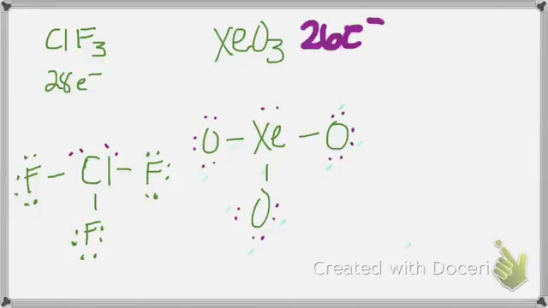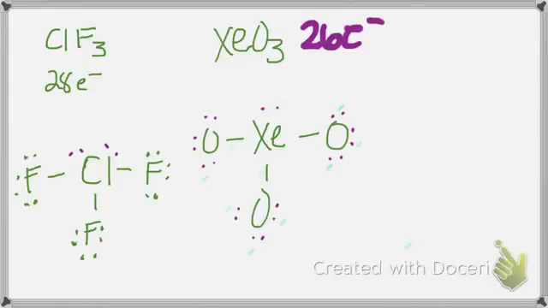Now 26. Okay, so that is actually one possible structure. We'll find out later there's another one, but that's a possibility. We're counting up valence electrons. Xenon has 8, but the group to the left of that has 4. Remember, it's the group number, take off 10. So that's that one.